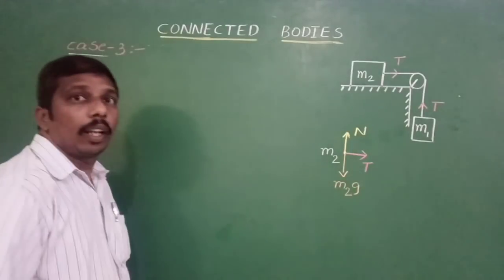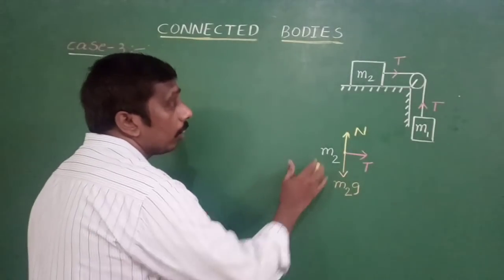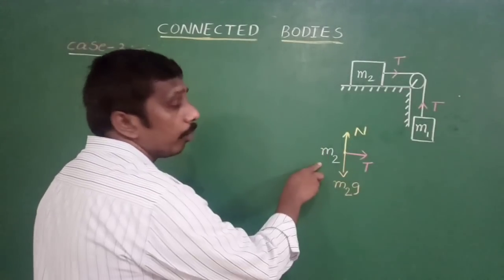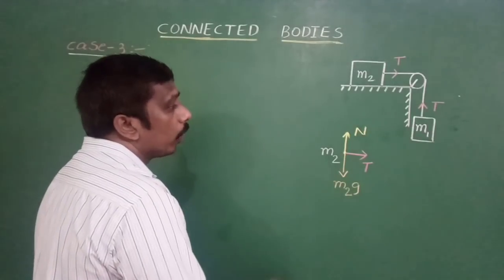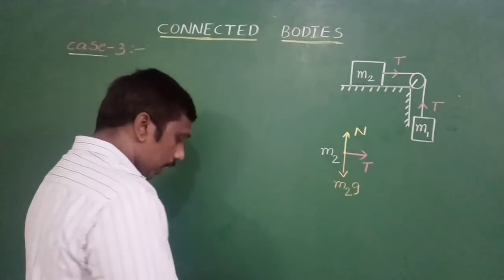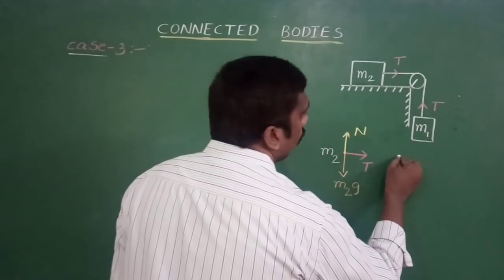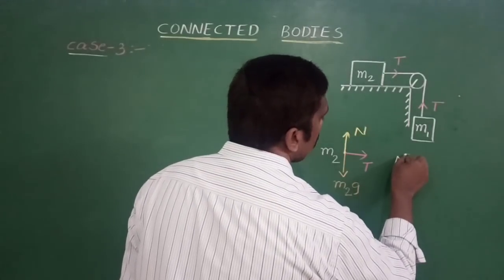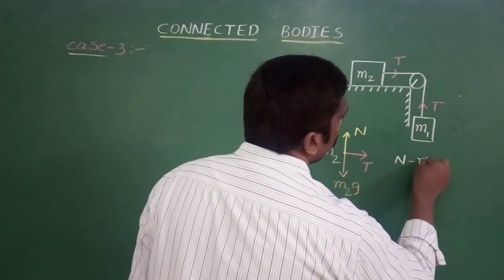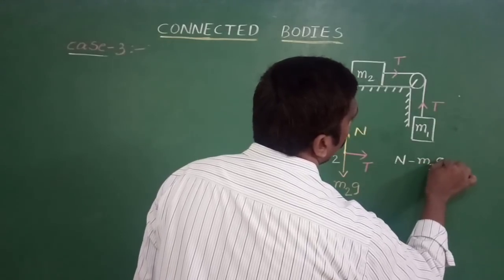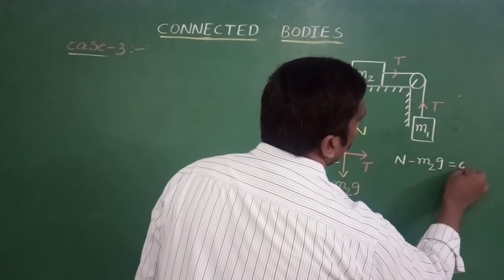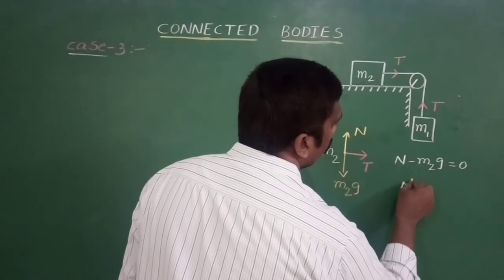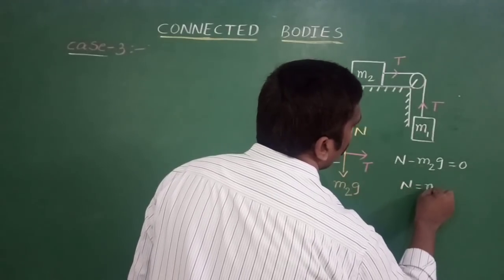These forces are acting, but this block is in vertical equilibrium. m2 is in vertical equilibrium. So net force acting along the vertical direction is equal to 0. In this case, N minus m2g is equal to 0. So we can get N is equal to mg.